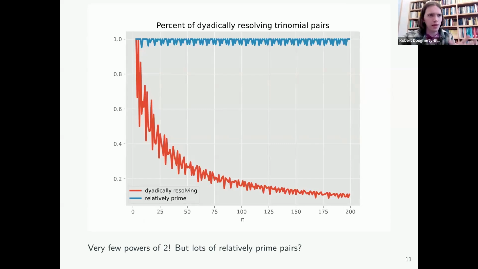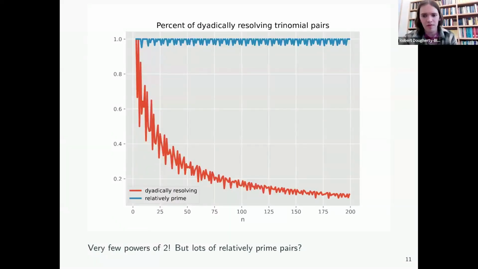In other words, it's like the edge density of these graphs for different values of n. So if n is kind of small, like around 10 that we saw in our first matrix, it's a decently high proportion. That's what the red line is. It's 80%, 75%, something like that. But as n gets to be bigger and bigger, the proportion of powers of 2 in these matrices shrinks seemingly down to 0, as far as we can tell.